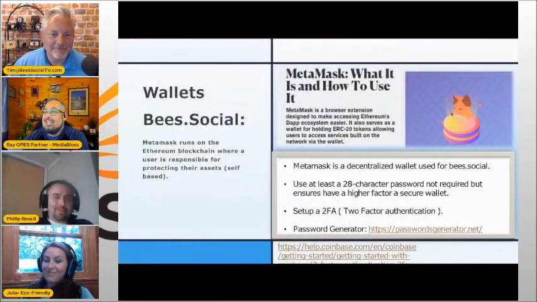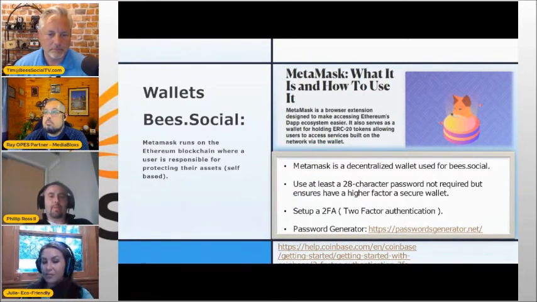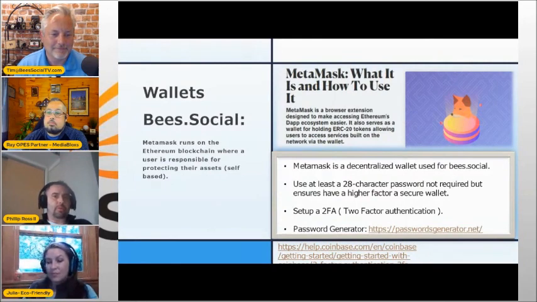Okay. Wallets, Bees.Social. So we all use MetaMask, and MetaMask is decentralized, which we all use for B.Social. The reason I say use at least a 28 character password, it's not required, but it ensures a higher security wallet, is because people use rainbow tables and programs like John the Ripper that are designed to hack.